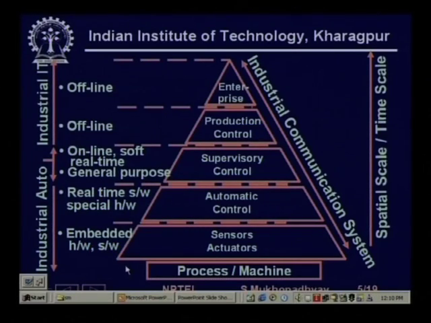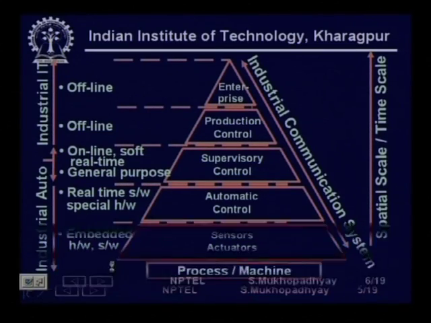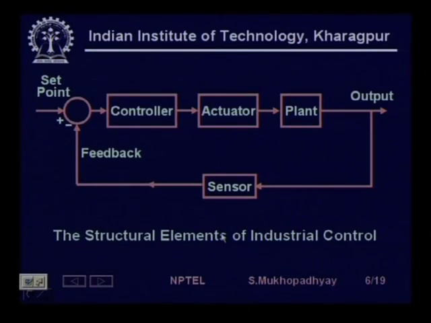So, we should first see what are the elements of industrial control, the structural elements. What is basically done in control? Why do we control? We control because we want the outputs or some process related variables, which could be temperature or pressure, to behave in certain ways that we desire.